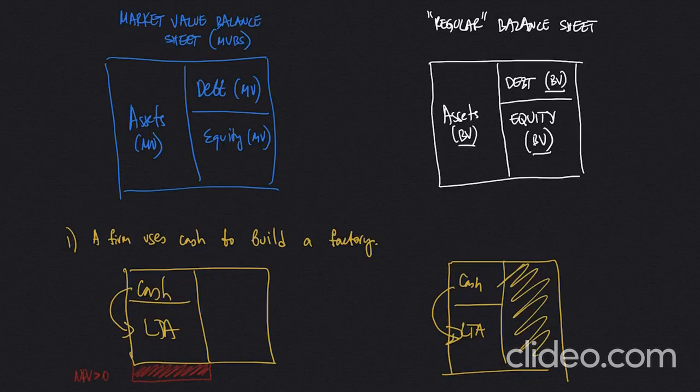Now, in this case, the right-hand side of this balance sheet has to increase, and this increase has to be proportional with this NPV, so that the left-hand side of the balance sheet equals the right-hand side. This additional value can accrue to either existing equity holders or existing debt holders.